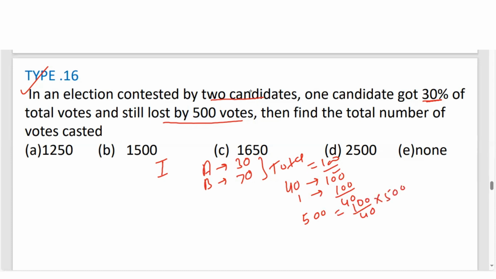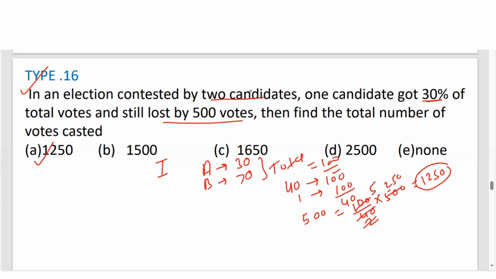Now we can cancel very easily. 2 twos are 40, 25 fours are 100. Cancel this, you will get 2, and 500 half is 250. 25 into 5 is 125. So our right answer is 1250.